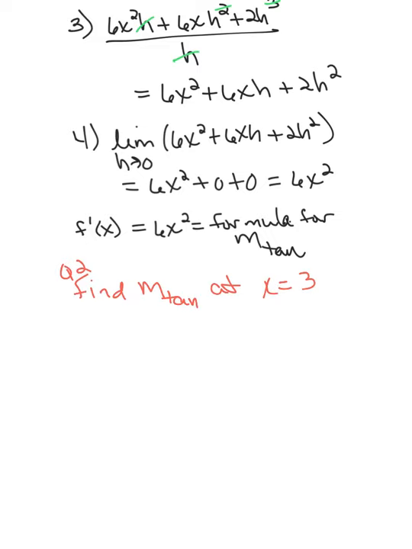So all we need to do there then is find f prime of 3. If we put 3 into that, we will have 6 times 3 squared. 3 squared is 9 times 6 gives us 54. So the slope at x equals 3 is 54.